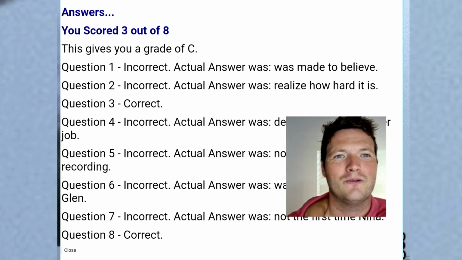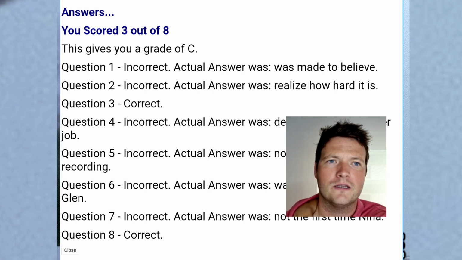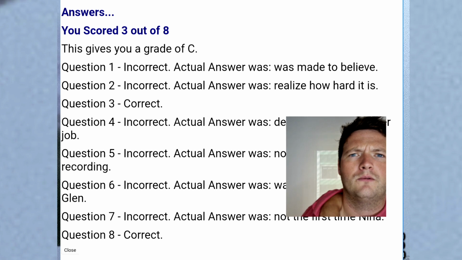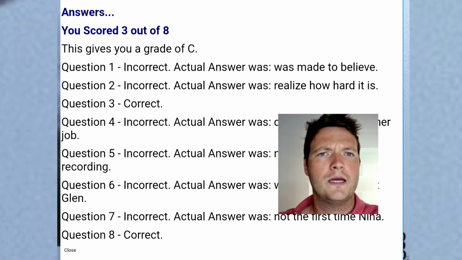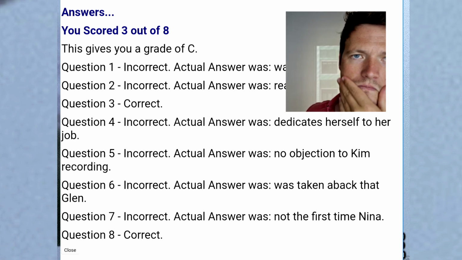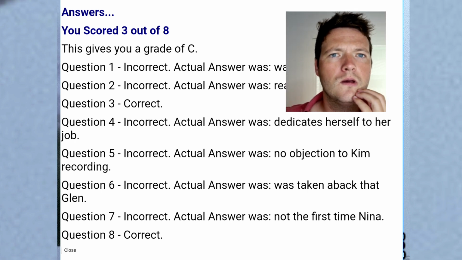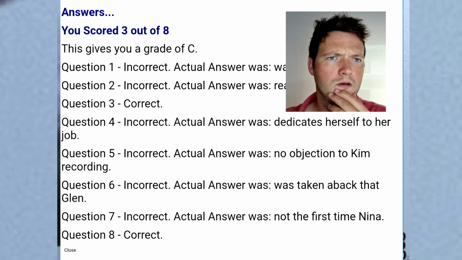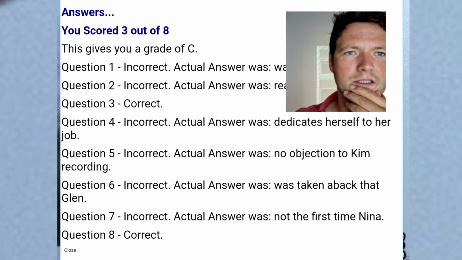Let's see what it says in 2. Actual answer. Realise how hard it is. We'll have to look at that one again. 3 says it's correct. 4 incorrect. Actual answer. Dedicates herself to her job. What did I say? I'm going to have to check these again.